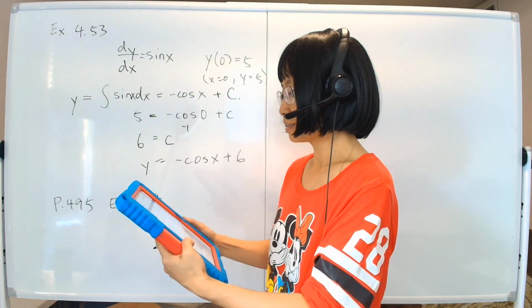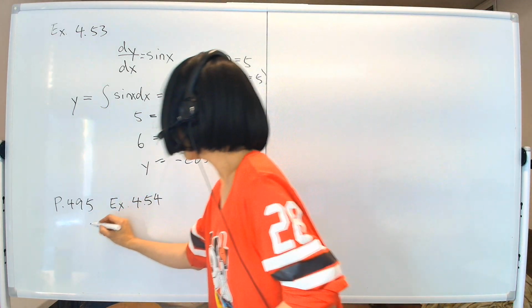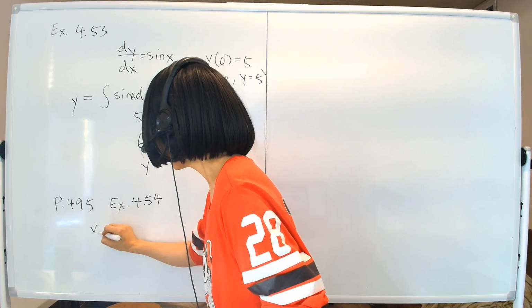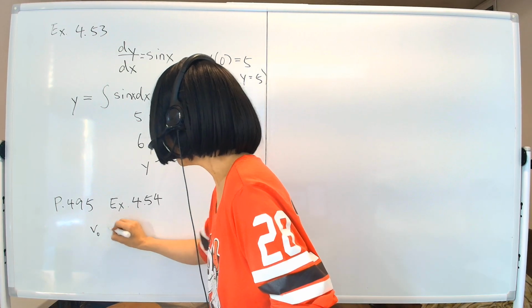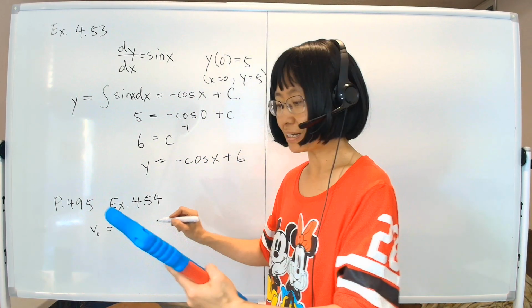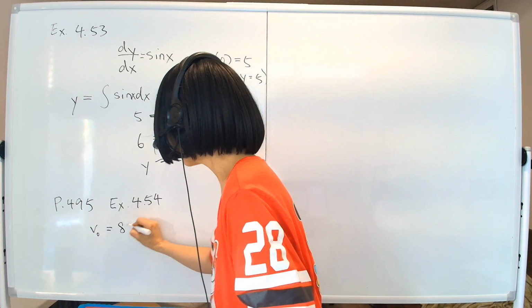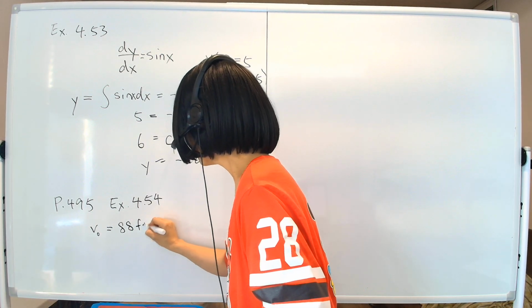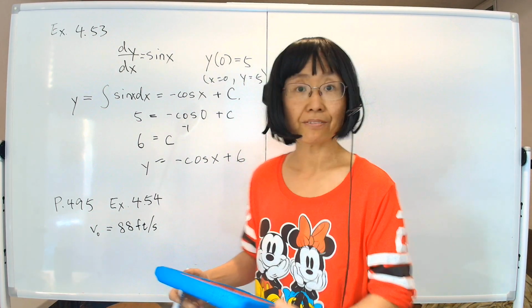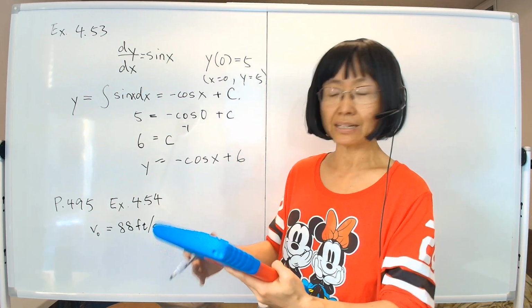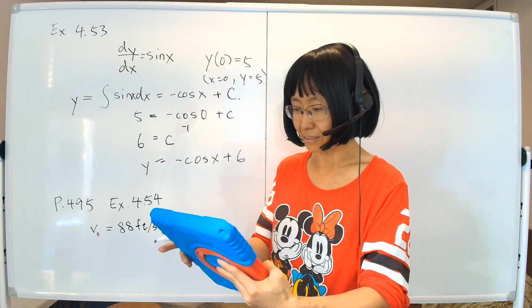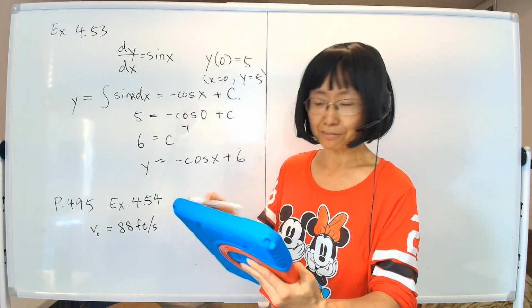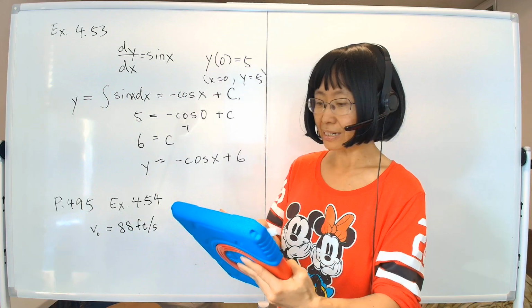First, the car's initial velocity is v of 0, the initial velocity, at 88 feet per second. So we will be using feet and seconds as the standard unit, and ignore the 60 miles an hour. That's just to give you an idea what that means. 88 feet per second.